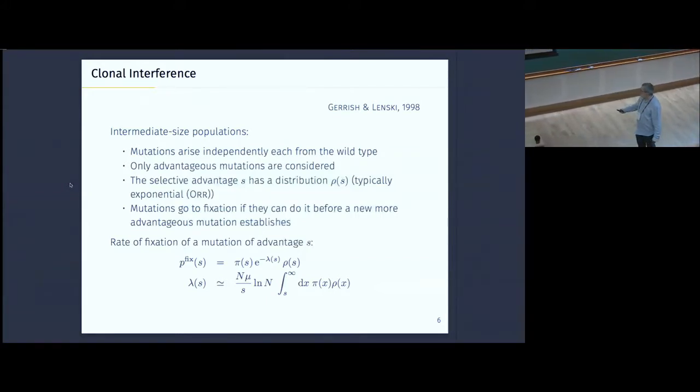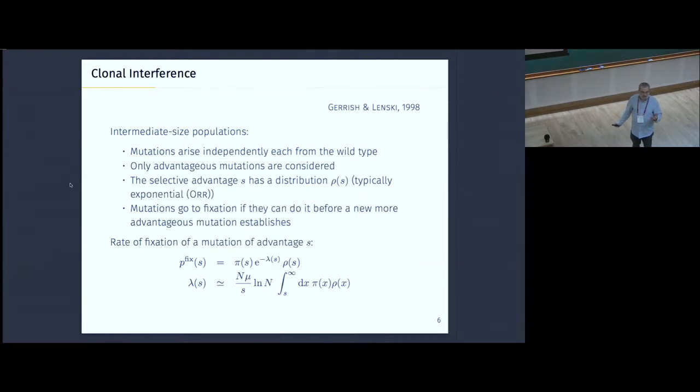Okay, let's see what is this quantity here. This factor tells you what is the probability that no better mutant arises and establishes. You remember, there is arising and establishing in the time that our guy goes to fixation.